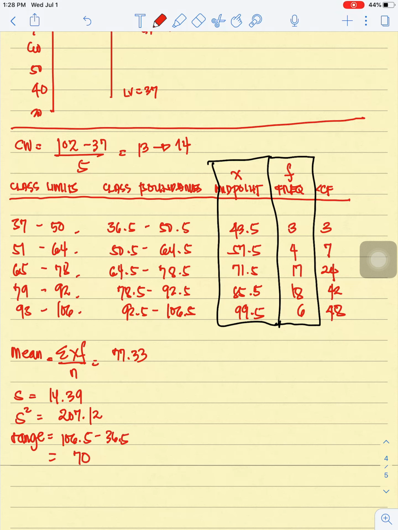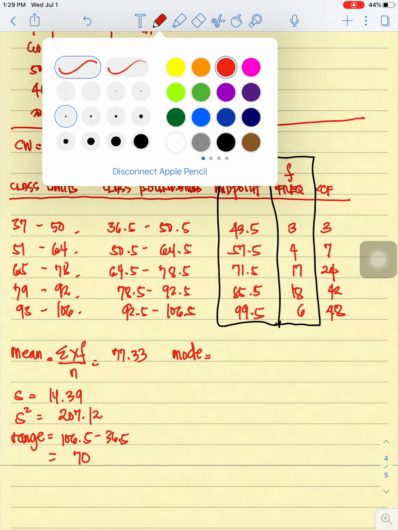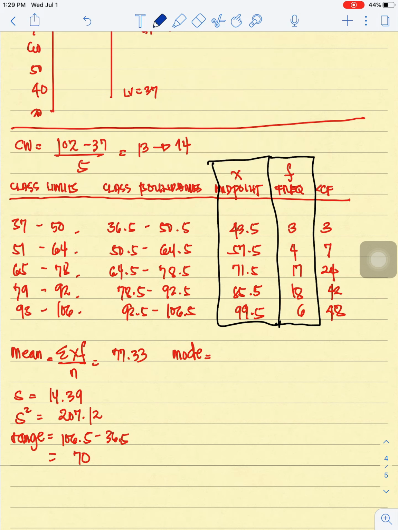The next is let us compute for the mode. In computing for the mode, we just need to look into the highest frequency, and it gives us 18.